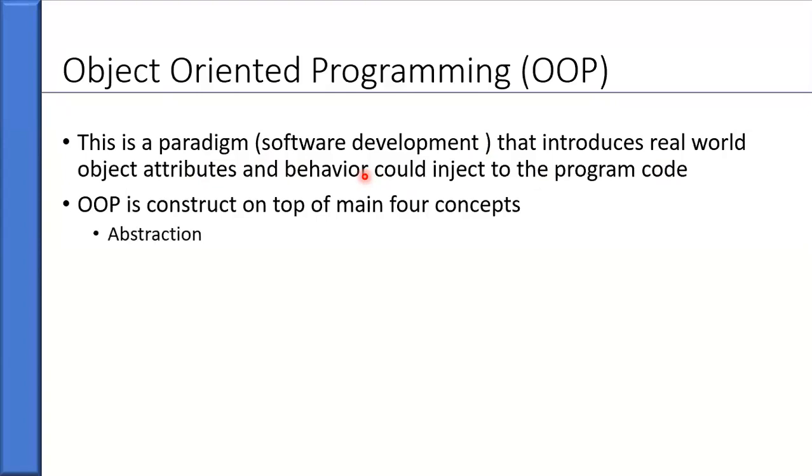First one is abstraction. That means we can define an abstract behavior or the abstract nature of an object, or just some sort of skeleton.